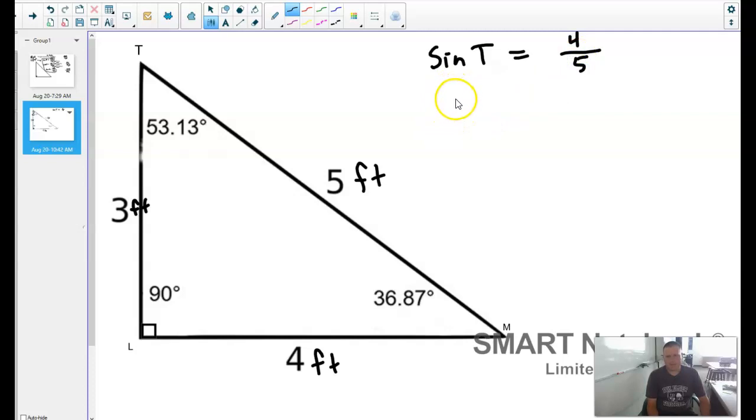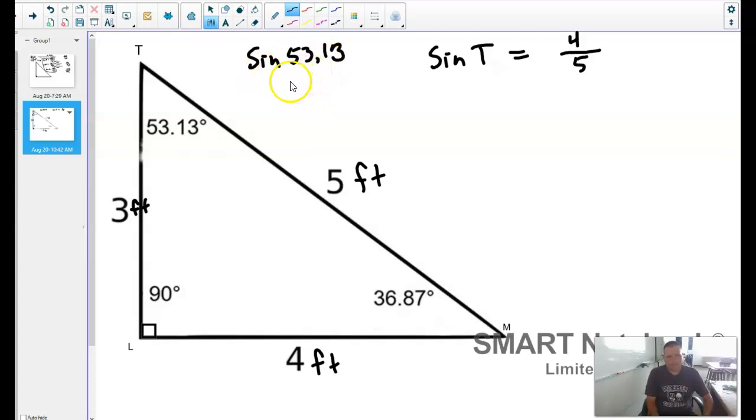So what that means, guys, is if I took a calculator, and you've probably all seen the sin, the cos, and the tan on a calculator before. If I just type in sine of 53.13 into my calculator, that is going to give me 0.8.